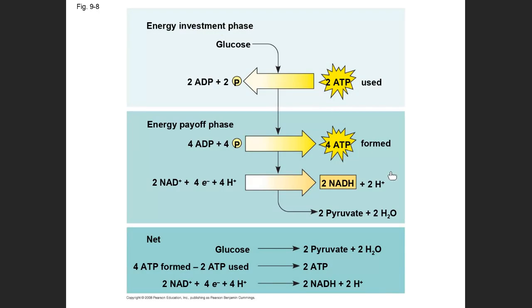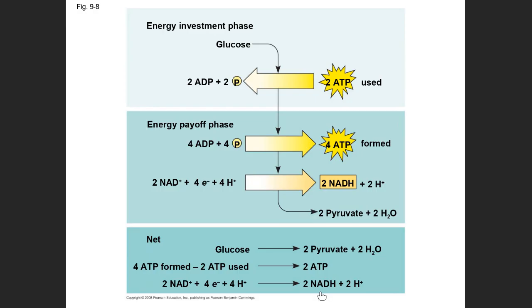By the end of glycolysis, there will be 2 molecules of pyruvate or pyruvic acid. 4 ATPs get made, but because the cell had to burn 2 ATPs to start the process, we always just talk about a net production of 2 ATPs from glycolysis. So technically the cell makes 4 ATPs, but it had to burn 2 in order to make the 4. So the net production is 2. And that's all we say glycolysis produces: 2 ATPs.